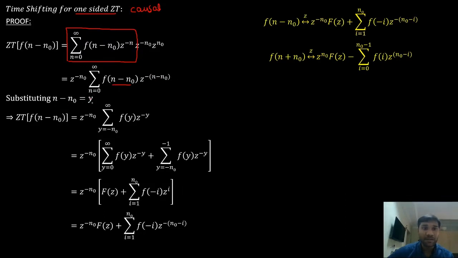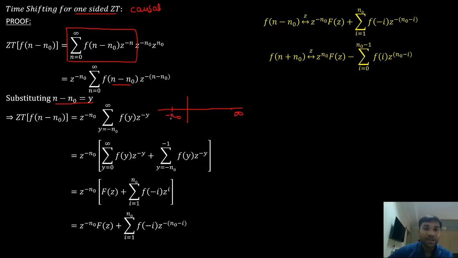When I substitute that, my limits of y are: when n is equal to 0, y is equal to minus n naught, and when n is equal to infinity, y is equal to infinity, and the term becomes f of y z to the power minus y. So my y values are from minus n naught till infinity.